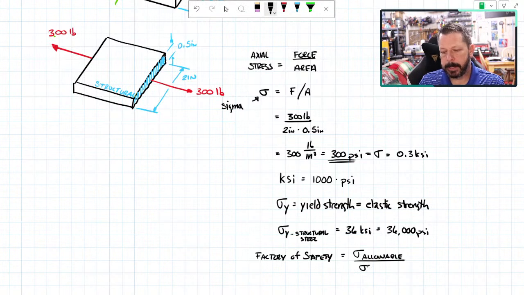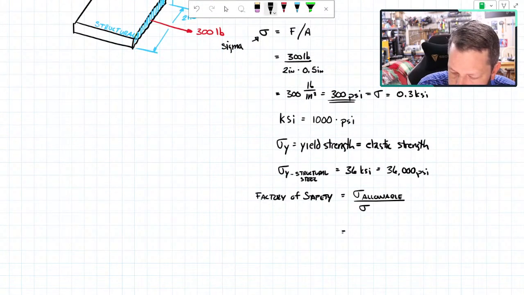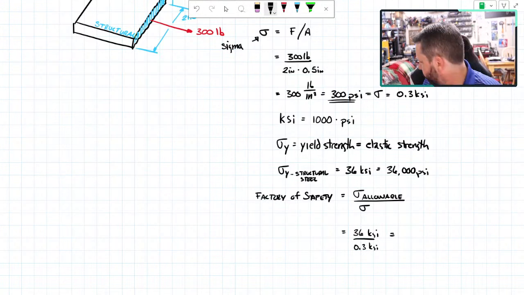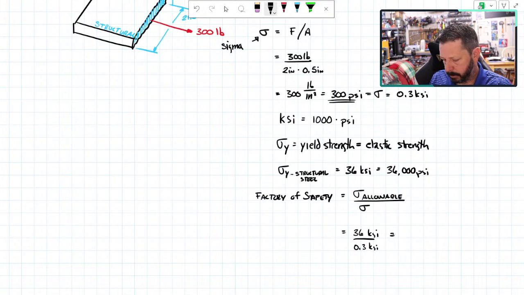For sigma allowable, we're just saying that we don't want it to yield. So our sigma allowable is 36 KSI, and we have 0.3 KSI. If I divide 36 by 0.3, I get 120. I have a factor of safety of 120.